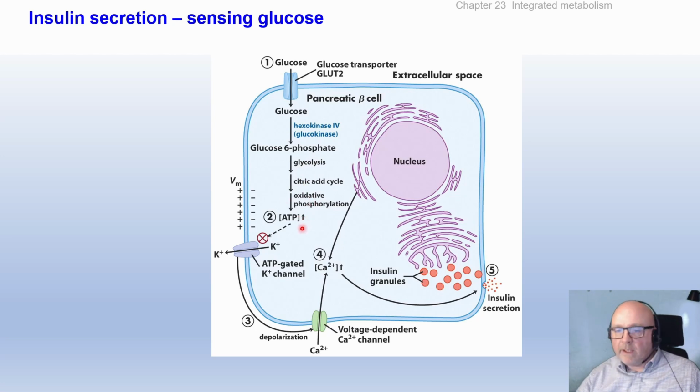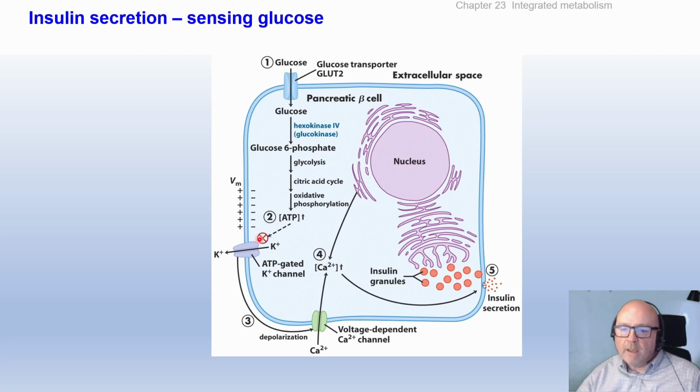This is where things get interesting. ATP binds to an ATP-gated potassium channel, and ATP will inhibit this channel. Normally when it is active, it pumps potassium from inside the cell to the outside of the cell, creating a polarized membrane with increased charge on the outside compared to the inside.